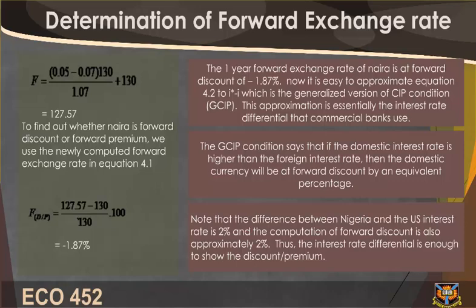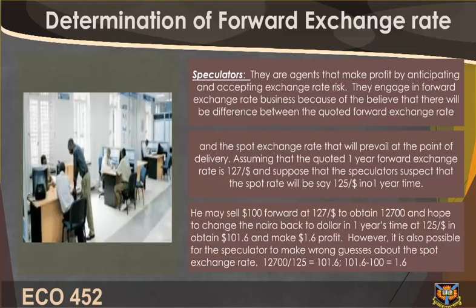The GCIP condition says that if the domestic interest rate is higher than the foreign interest rate, then the domestic currency will be at forward discount by an equivalent percentage. Note that the difference between Nigeria and the US interest rate is 2%, and the computation of forward discount is also approximately 2%. Thus, the interest rate differential is enough to show the discount or premium.